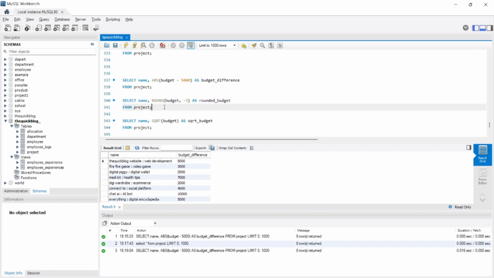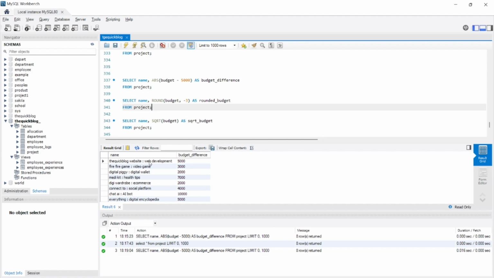So if there is some record like 5,001 rupees or dollars, which is not exactly a thousand value, it would be rounded. Okay, we have already all the values in thousands.